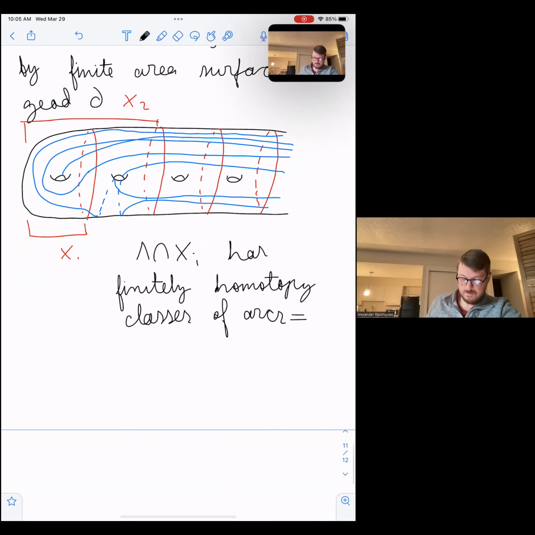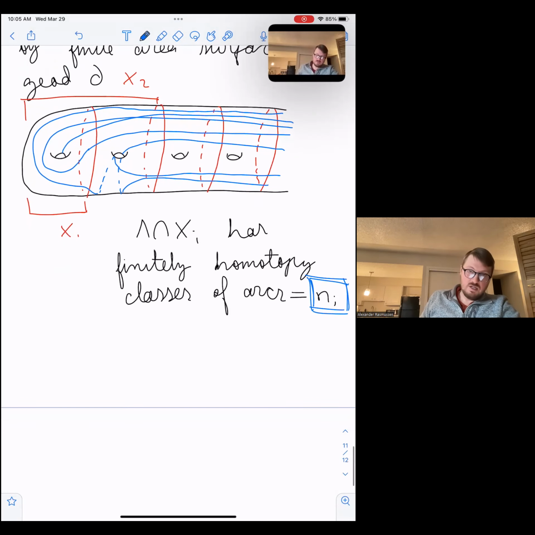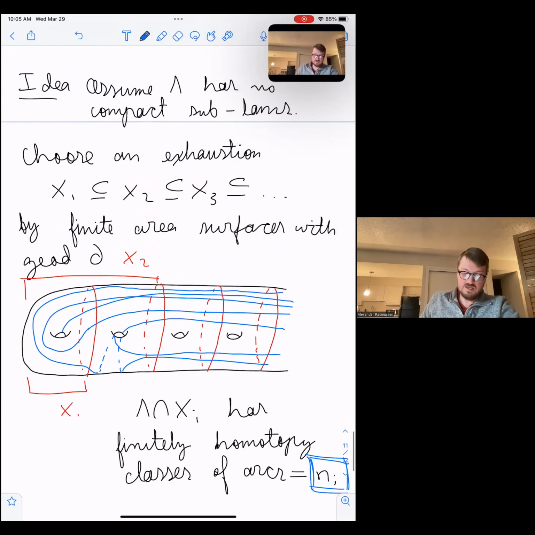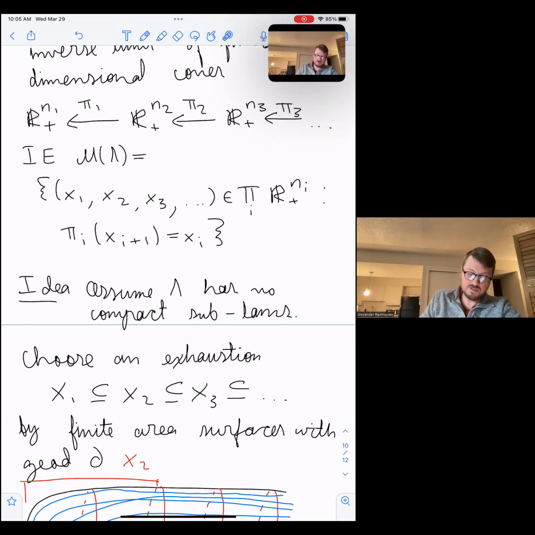So that already goes a long way towards explaining our inverse limit. The number of homotopy classes of arcs on xi is just the dimension of our ith cone in this inverse limit. Okay, so we've basically explained the finite dimensional cones coming up in this inverse system.